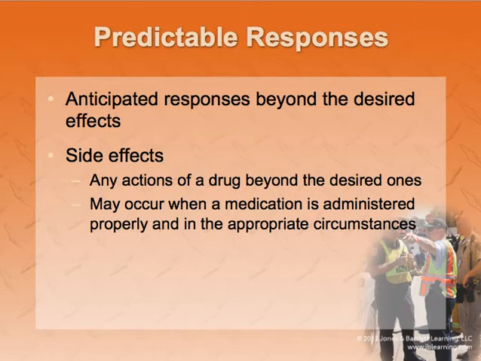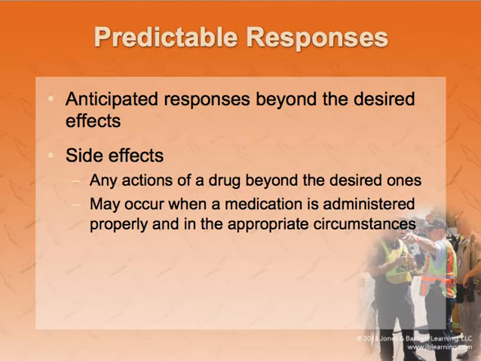So sometimes we have predictable responses, like I was talking about with the Phenergan mixed with morphine or Demerol. We can predict that as a response. But we also have other predictable responses, like we know if we give epinephrine, it's going to dilate the bronchioles, increase the heart rate, and constrict the vascular system.